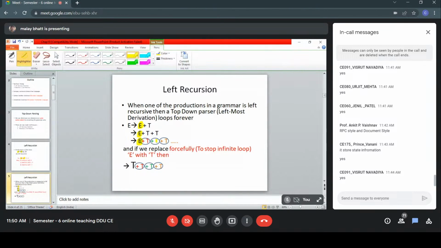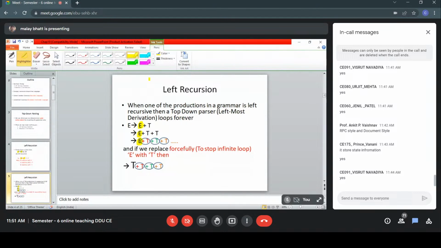So we go into an infinite loop, and this will never end. And if we forcefully stop this infinite loop by replacing E with T, then we get a pattern like T plus T plus T plus T.